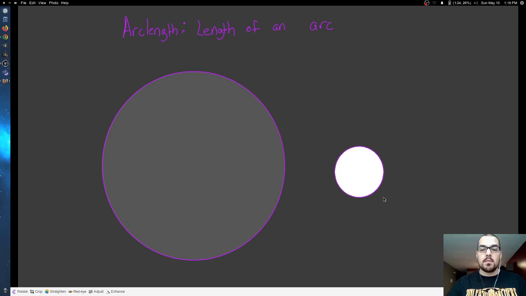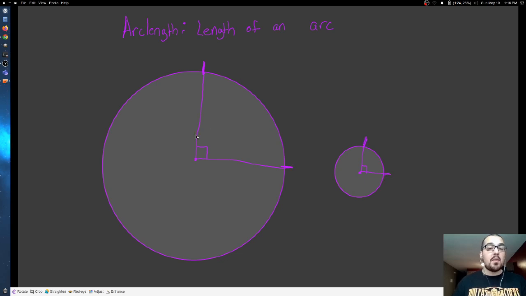Here's another circle. Center of this circle, center of this one. Let's say I told you those are both right angles. Give me the measure of both of these arcs.